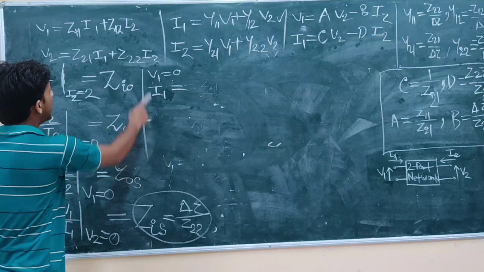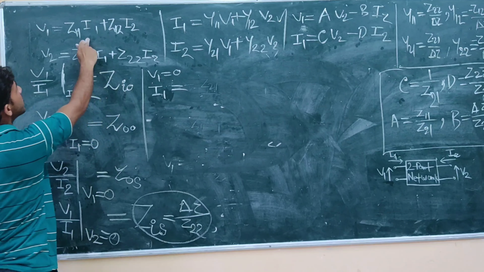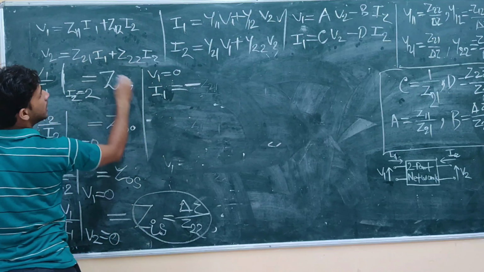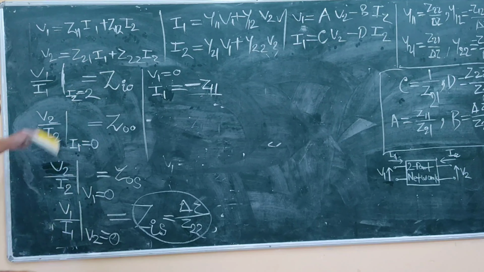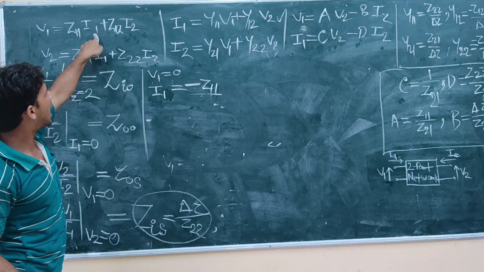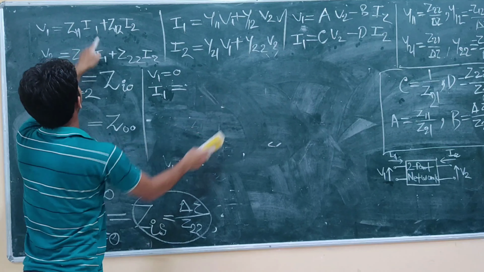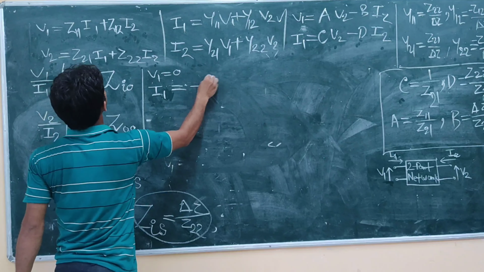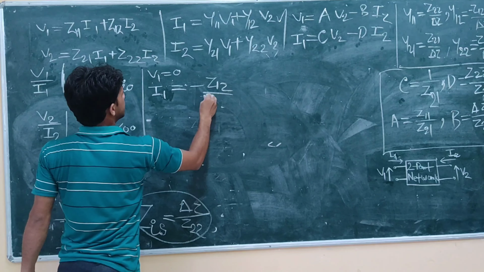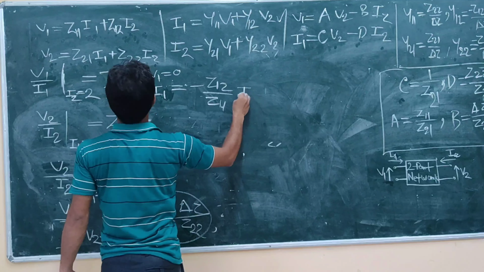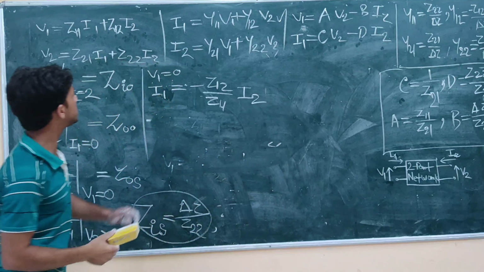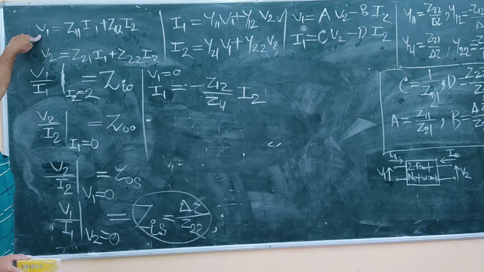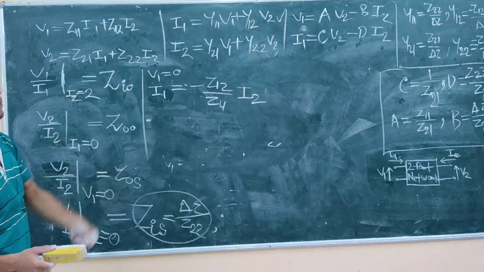So let's do that. From this first equation we are calculating the value of I1. So I1 is nothing but minus Z12 divided by Z11 times I2. So this is the value of I1 from this equation when V1 equals to 0. Okay.